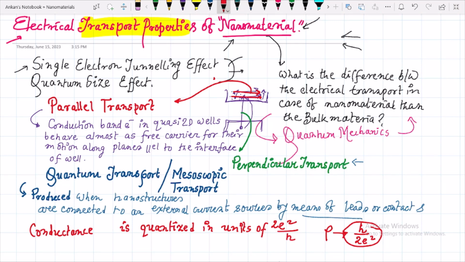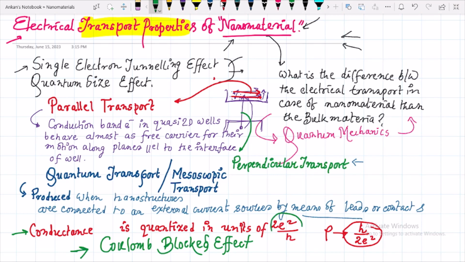Another interesting property is known as the Coulomb blockade effect, which we will discuss in detail later. All of these are present in the case of mesoscopic transport. In mesoscopic or quantum transport, the conductance is quantized in units of 2e squared by h, and there is a Coulomb blockade effect.